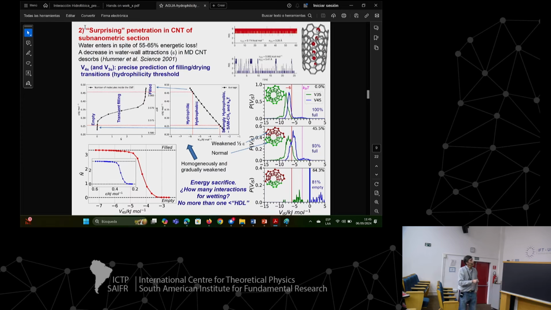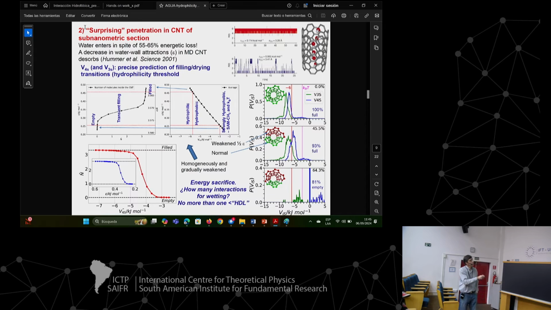So what we did was change smoothly, in a gradual manner, the value of epsilon, the attraction with the wall. This is what's shown here, and this is the number of molecules. Of course, when the interaction is larger, this is a normal value, it's always filled. Then you have a transient filling behavior at an intermediate value, and then you get empty at a certain point.